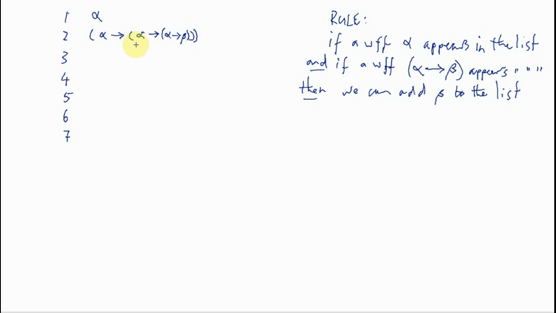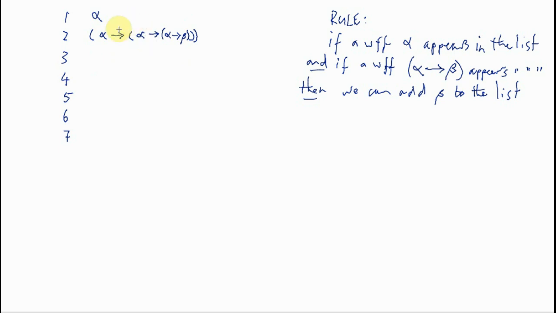This beta is alpha arrow this, closed off parentheses, and this is indeed a wff by virtue of the fact that open parentheses alpha arrow beta, where alpha and beta are wffs, close parentheses is a wff. So this is indeed a wff. It's formed by multiple applications of the rule according to which if alpha and beta are wffs, then open paren alpha arrow beta close paren is a wff.